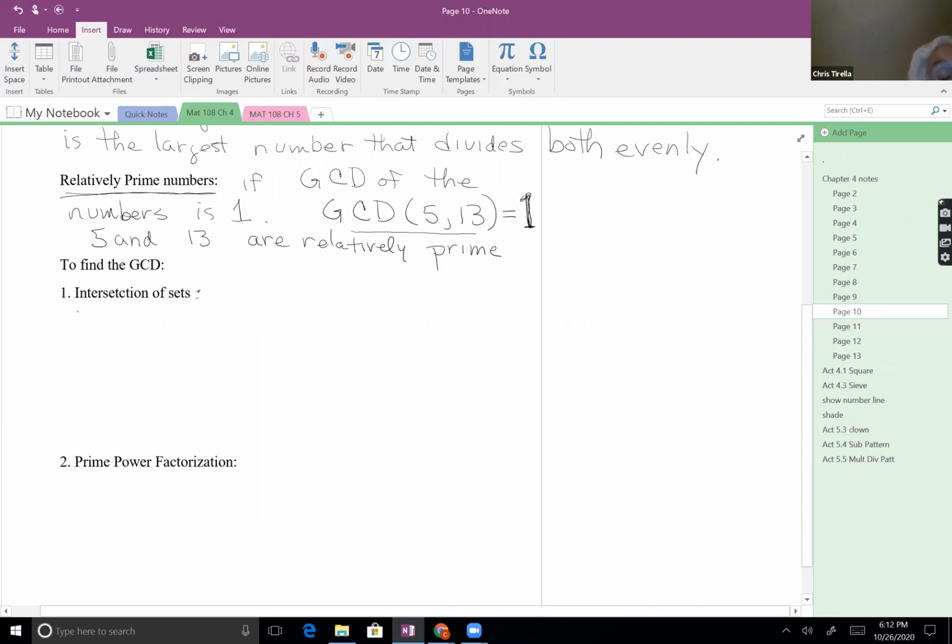To do this, we want to find the set of all the divisors of each number. So let's say, for example, I want the greatest common divisor of 24 and 54.